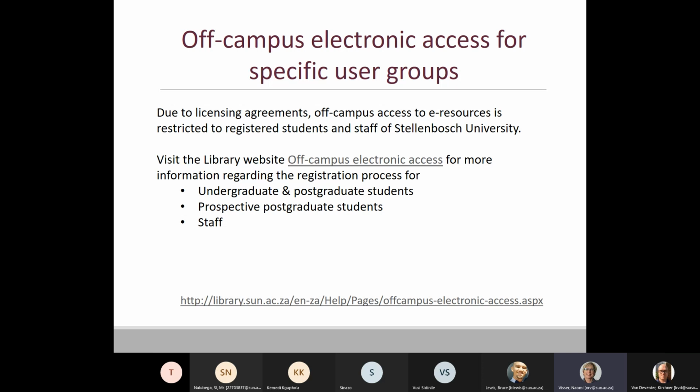But I know that students often have problems with registration and how to get that username and password, especially prospective postgraduate students. If you are planning on doing your PhD and you need to do research, but you have not registered as a full-time student yet, it can be difficult, but there is a way, and we provide information on our website.